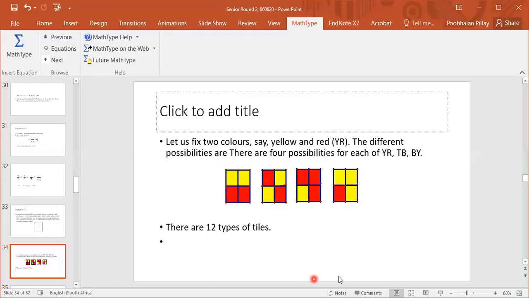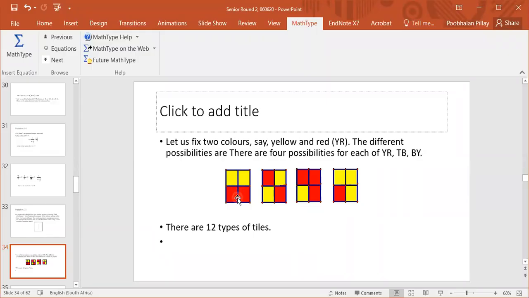Now, you could have had 2 reds. You could put 2 reds here, in which case these become 2 yellows. But now watch, 2 reds is like this, and 2 yellows. These 2 are not the same. You can see they're clearly different. But mind you, if I had 2 reds here and 2 yellows here, it's the same as this.